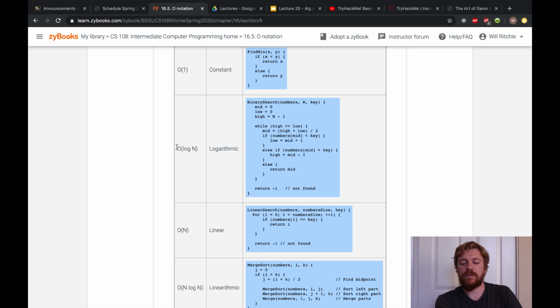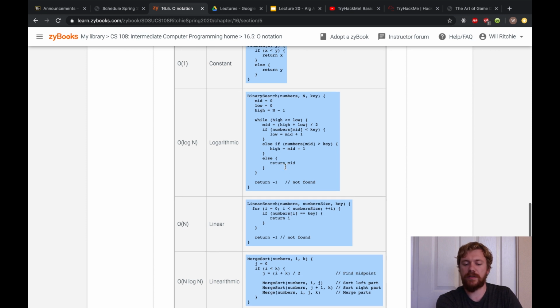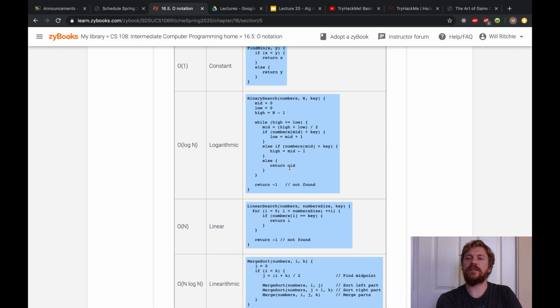We look at big O of log n, which is considered logarithmic. And if we look at the function name here, interestingly, we've already gone through this, binary search. So yes, binary search has a big O of log n runtime complexity. And what this means is, as n gets bigger, the rate of growth will increasingly get small.